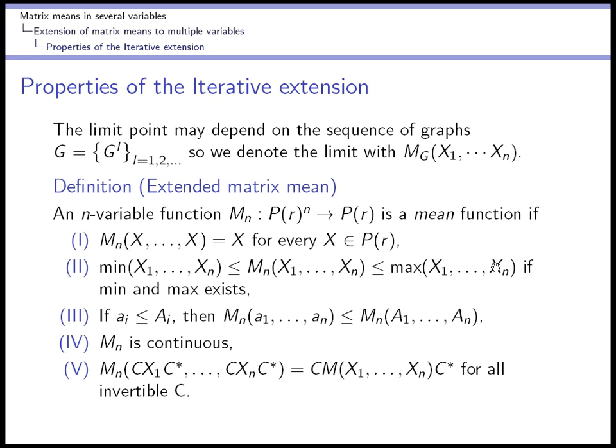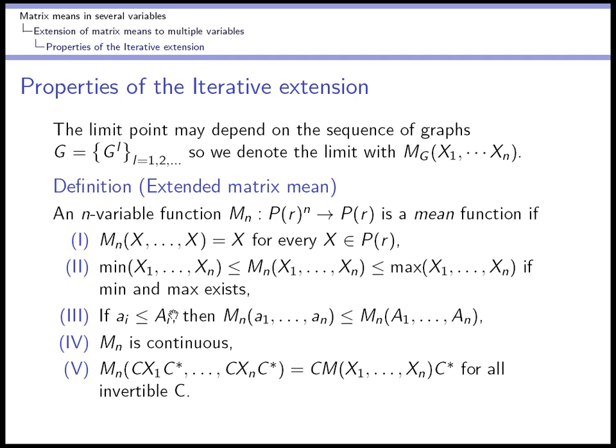The first of them is a natural extension of the idempotency property. This means that the mean of the same matrices is again the same matrix. The second property is an extension of the in-betweenness property, although we have to notice that this minimum and maximum may not exist. But otherwise, if it exists, then the mean should be in between.